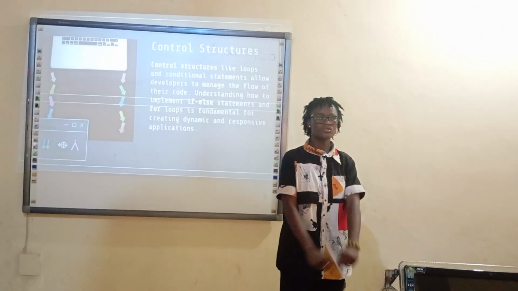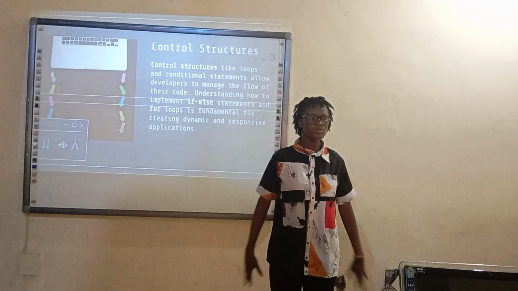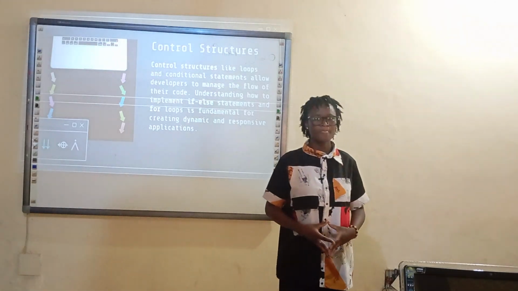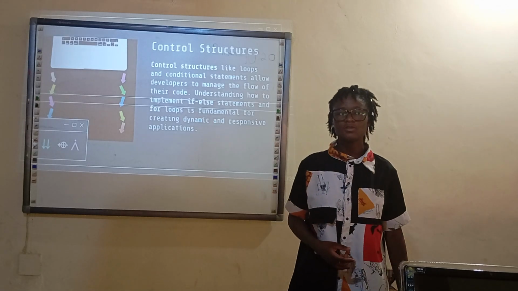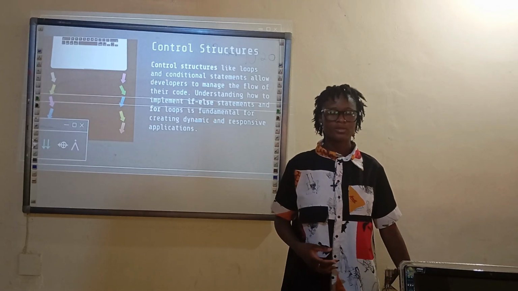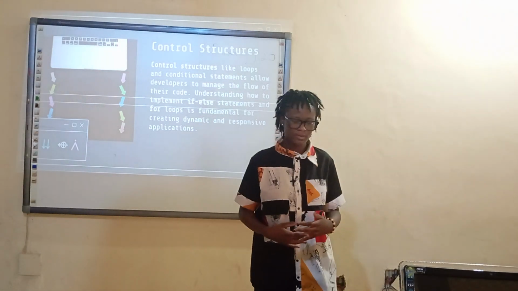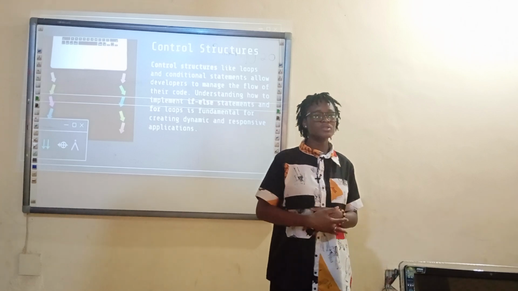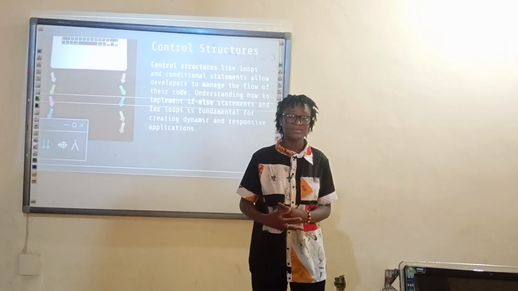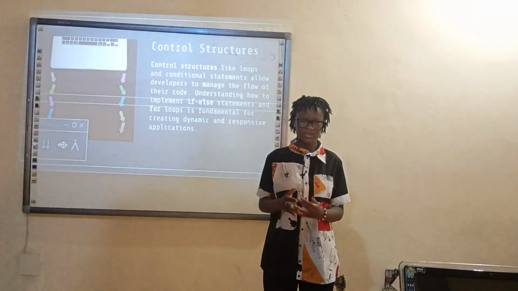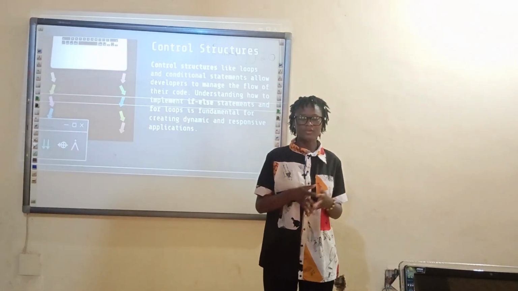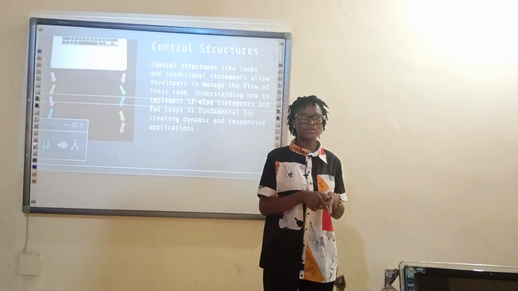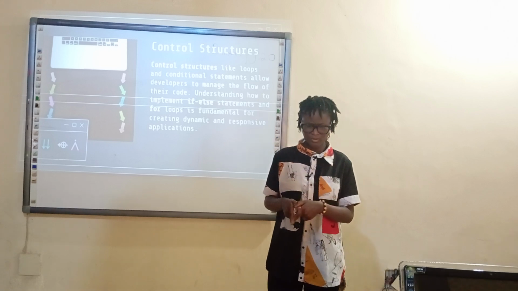Next, control structures. Control structures include loops and conditional statements. Conditional statements are used when you give a specific condition, and once this condition is met, the code is expected to run.